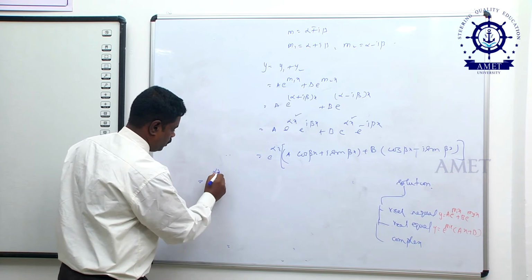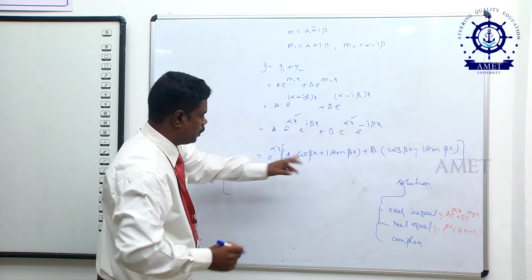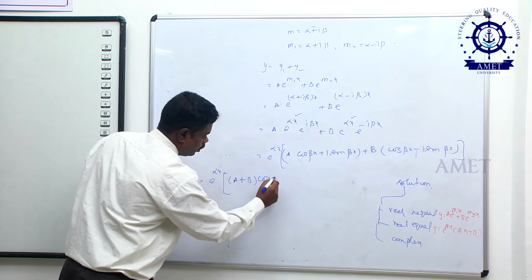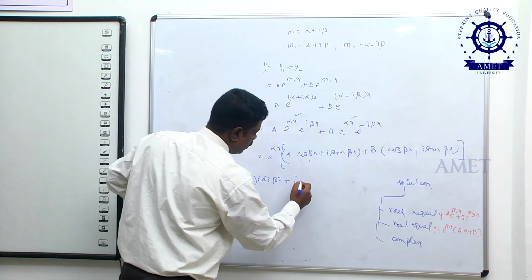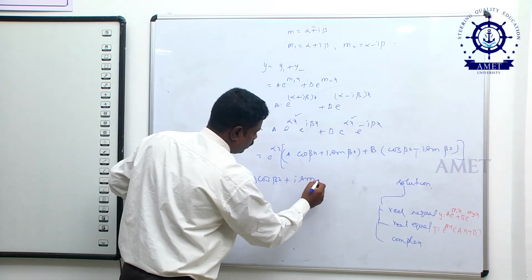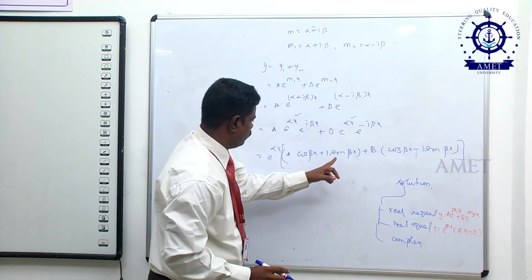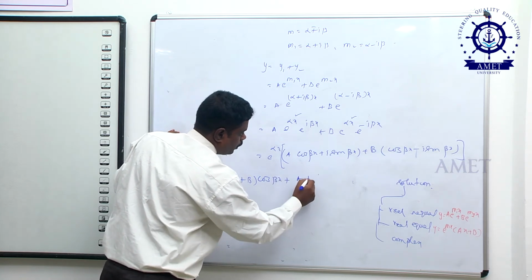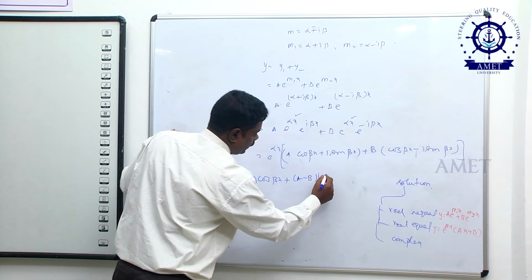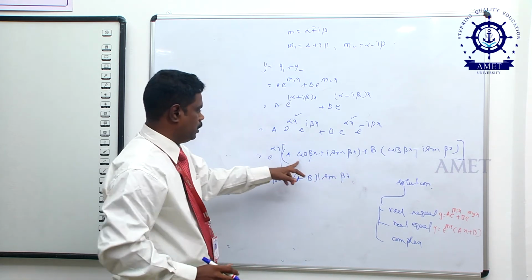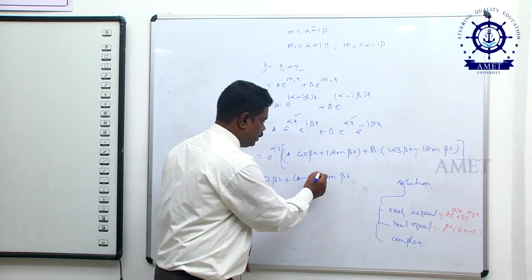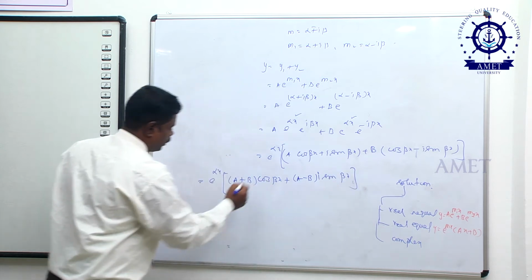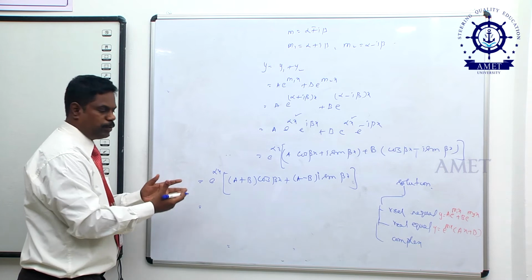Now this is e power alpha x into a cos beta x. Now I am grouping the cos terms: a plus b into cos beta x, plus a minus b into i sin beta x, where i sin beta x is taken outside. Now a is a constant, b is a constant, so a plus b is also constant.